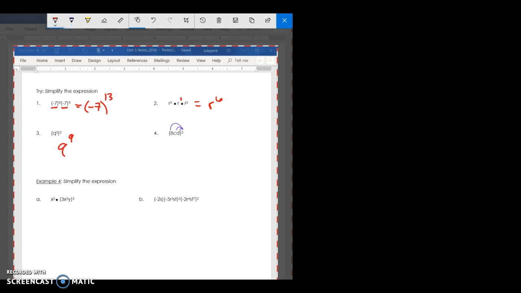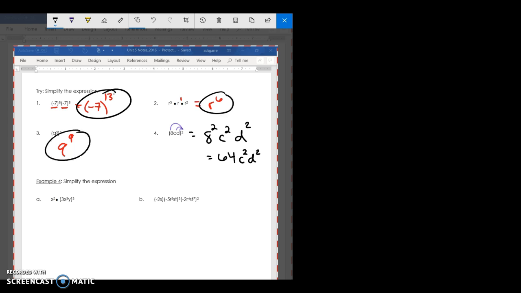So I'm going to end up doing 8 squared, and then c squared, and d squared. We might as well simplify this. So I got simplified 64 c squared d squared. So -7 to the 13th, r to the 6th, q to the 9th, and 64 c squared d squared should have been your 4 answers.